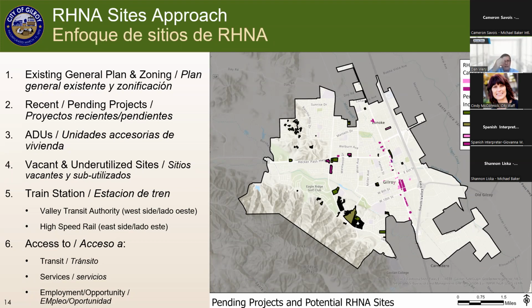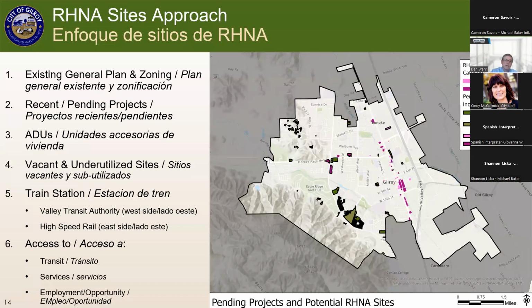So on this map, and this is kind of our overall map, and then we've got some zoomed in ones, we're showing sites here. Here's the train station, these large purple spots. And generally we've color coded these so that the brighter purple colors are the lower income sites, the moderate and lower income.